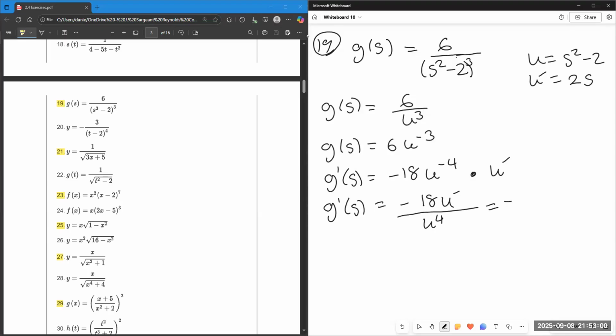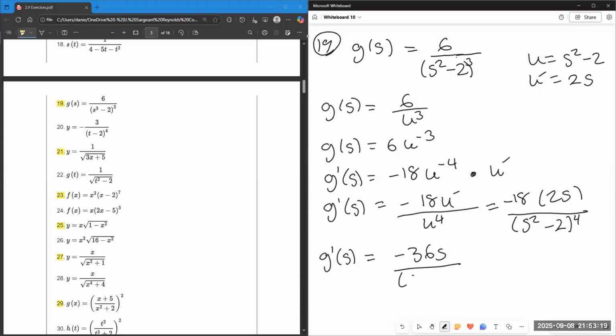So that will be negative 18 times 2s over s squared minus 2 raised to the fourth. g prime of s will be negative 36s over s squared minus 2 raised to the fourth power.